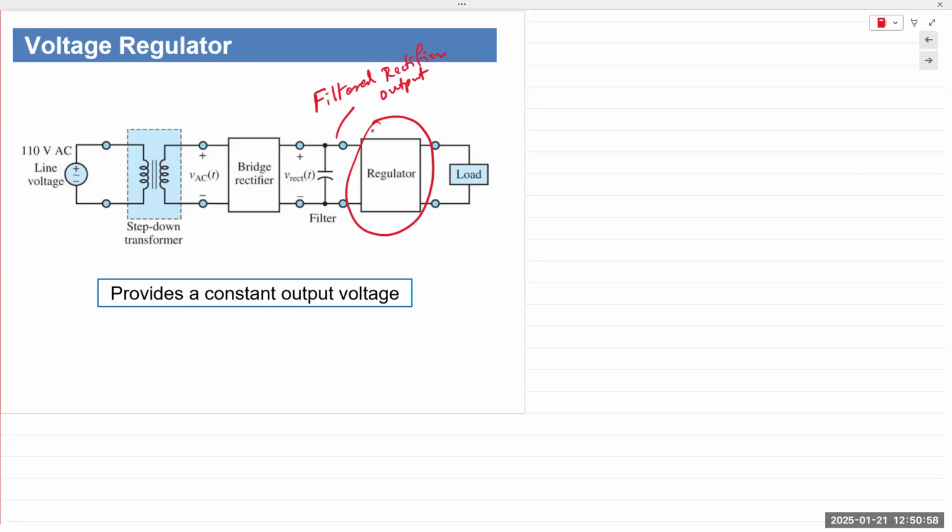We can also call it the filtered DC output, and it goes as input into the regulator, and that output of the regulator is going to be a flat line.